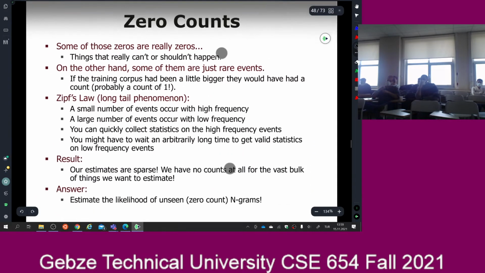For this again, we are going to use some ideas from other parts of the science world. Somebody came up with this idea. If you are observing something, this will happen: a small number of events occur with high frequency. It will occur a lot.